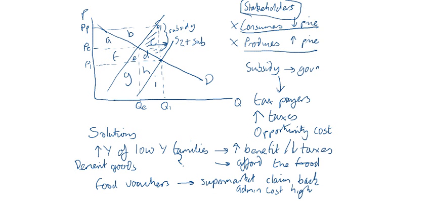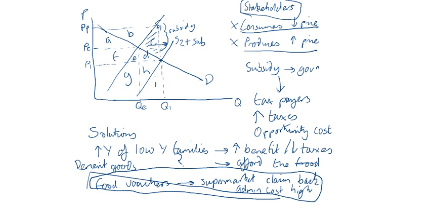Okay. However, overall, you might say this might be the best solution, because although there might be increased administration costs, you can guarantee that the people who you want to have the low food prices are going to get them. Whereas with the subsidies, everyone will benefit from low food prices, but we have this deadweight loss, and there might be a big cost to society in terms of this subsidy.